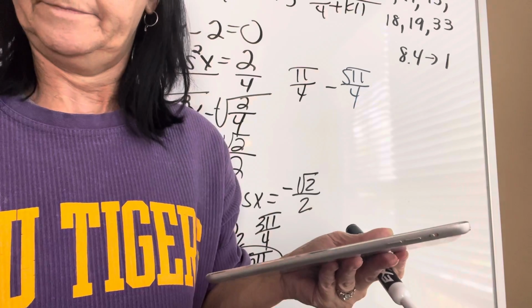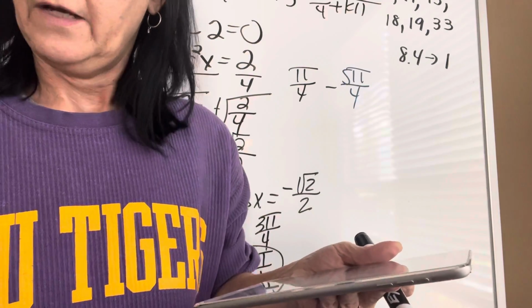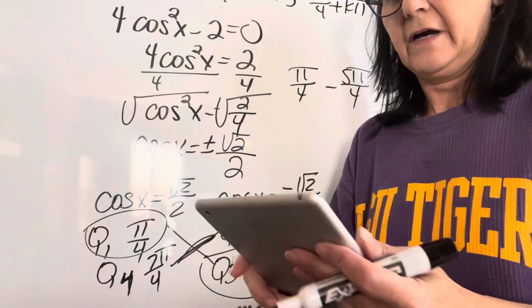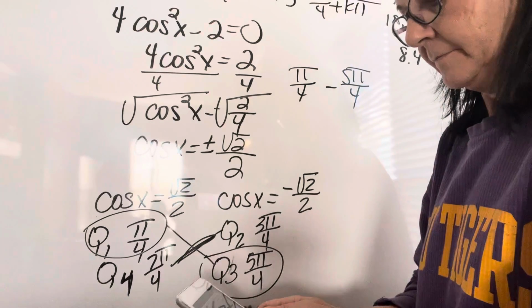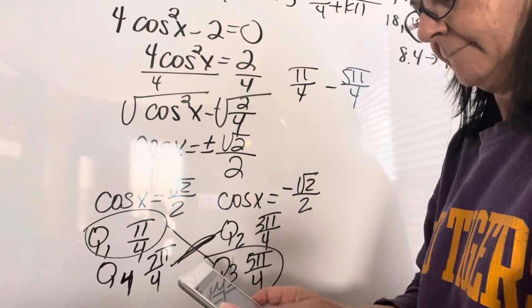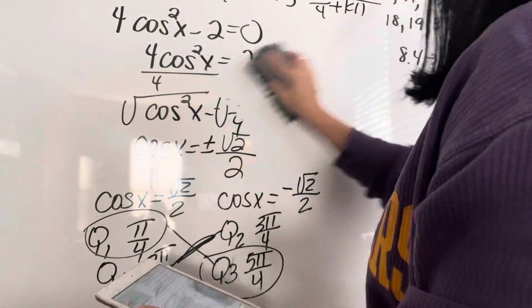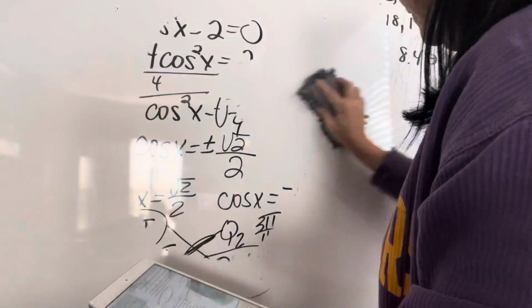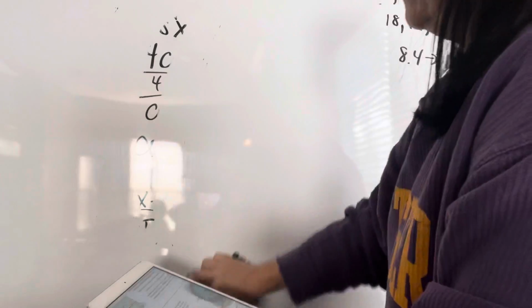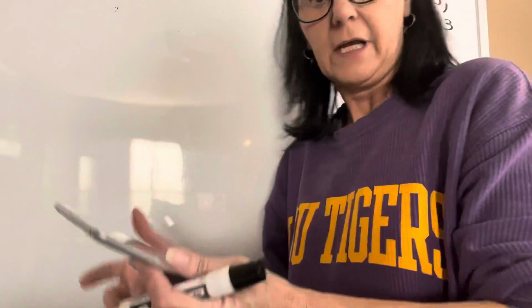Problem 1. All right, so now I'm on page 555. All right, we have this Ferris wheel. The diameter always tells us the amplitude, all right?